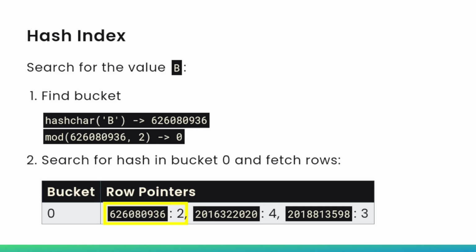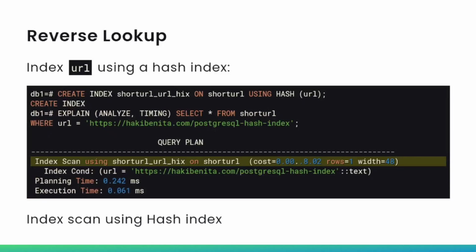So now let's try to create a hash index for our reverse lookup scenario. To create a hash index, we do create index. I like to call them HIX, okay, to mark them as hash indexes, on short URL. And this time, it's not the default B-tree. We want to use a hash index, so we do using hash on URL, okay?